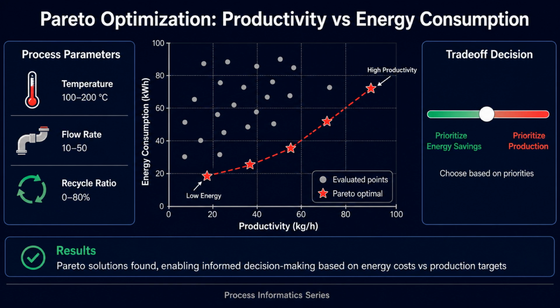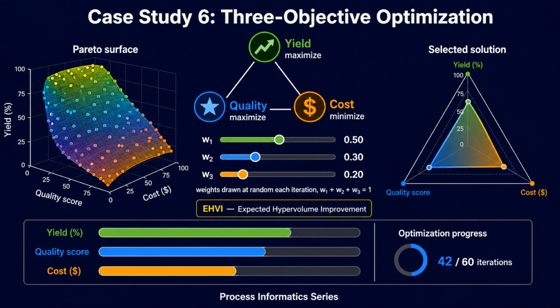The gray points show all evaluated experiments, while the red stars connected by the dashed line mark the Pareto optimal solutions. This visualization enables informed decision-making based on current energy costs versus production targets, with solutions ranging from high productivity to minimum energy consumption. Real industrial problems often involve more than two objectives.